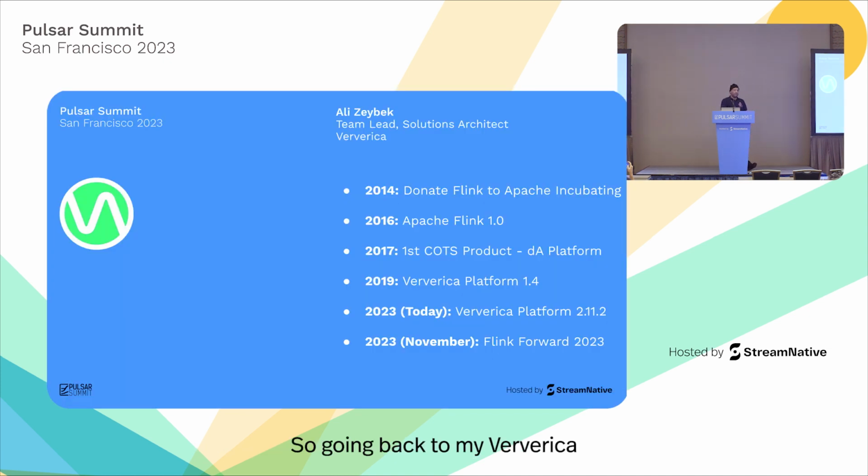So, going back to Ververica, this is the company who initially donated Apache Flink to incubating in 2014. And historically, if you look back at the history of Apache Flink, in 2016 it was version 1.